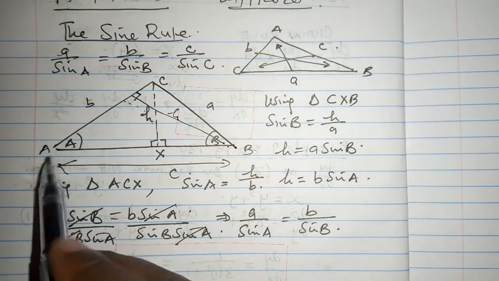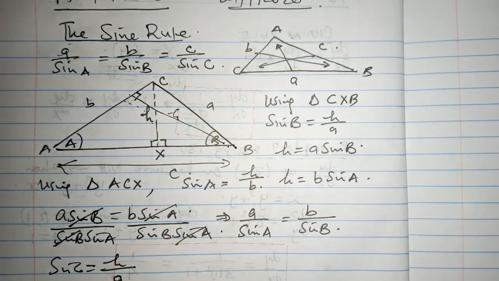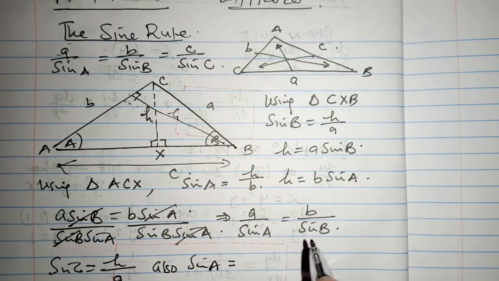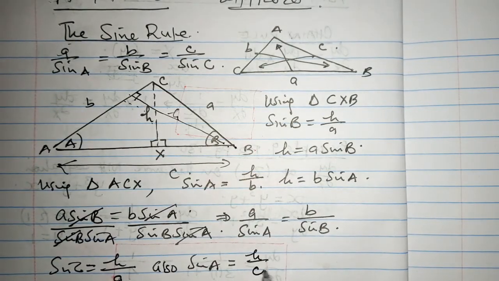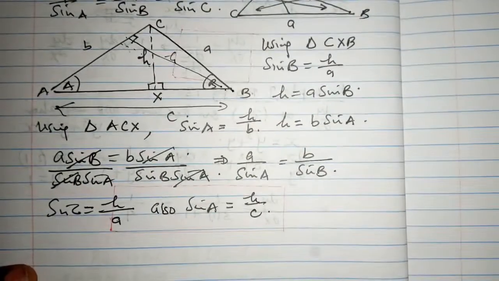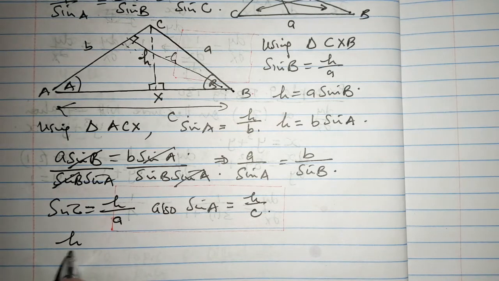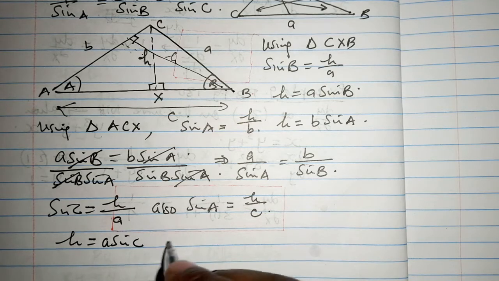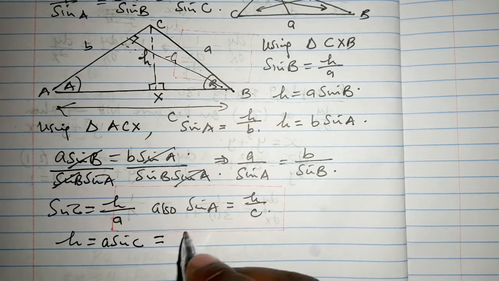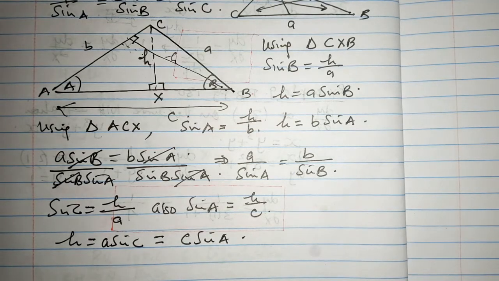And using this triangle, let's call this Q B, also sine A equals opposite, which is h over c. And using this, you can still make h the subject of the formula. h equals a sine C, which is also equal to c sine A, because this is just another h.